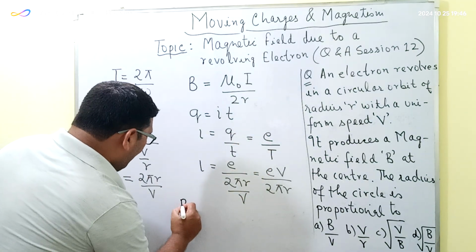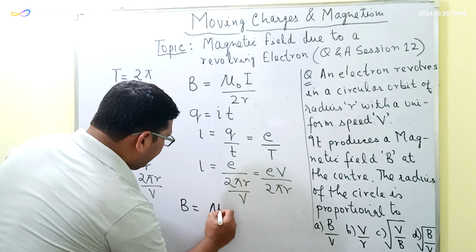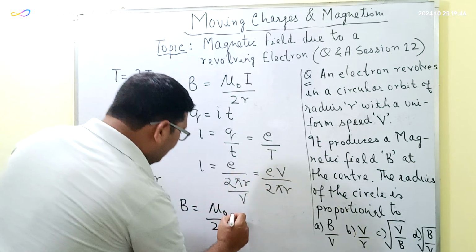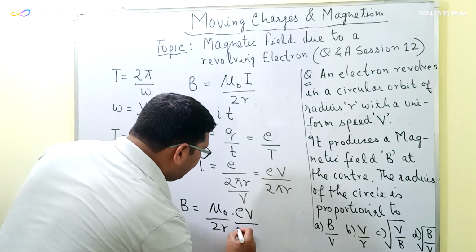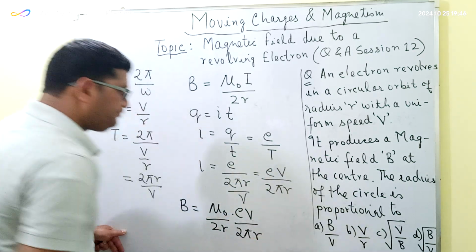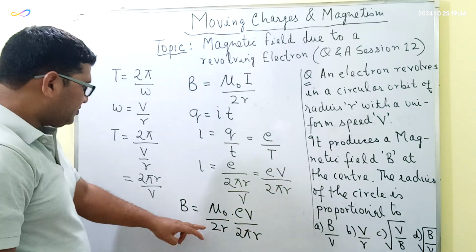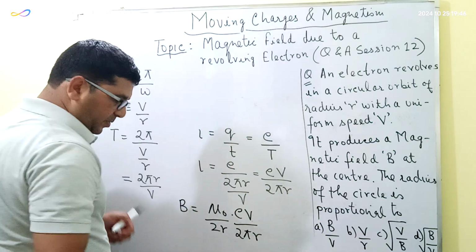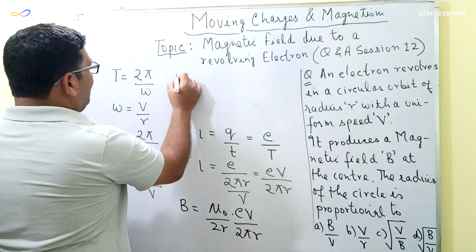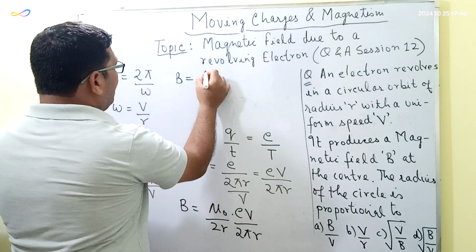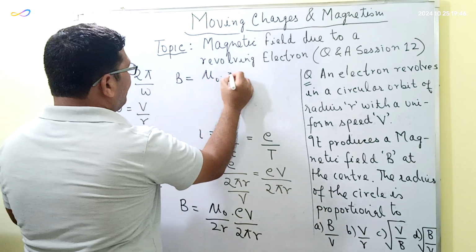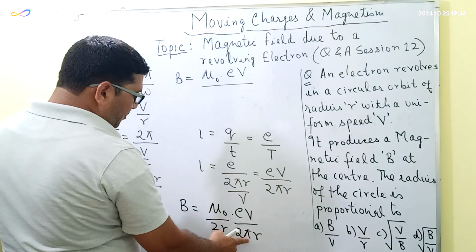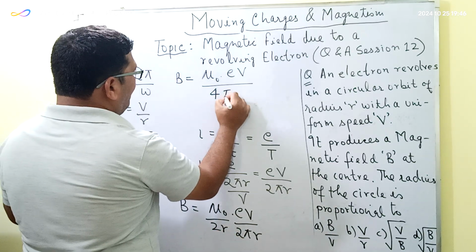So B will be equal to mu naught upon 2r, and I is equal to e v upon 2 pi r. This is the equation I have finally got: B is equal to mu naught e v divided by 4 pi r square.